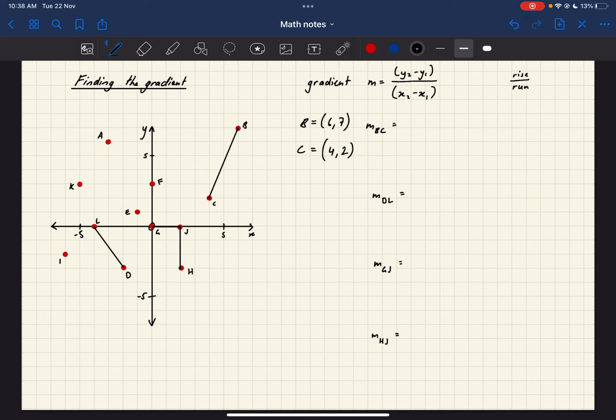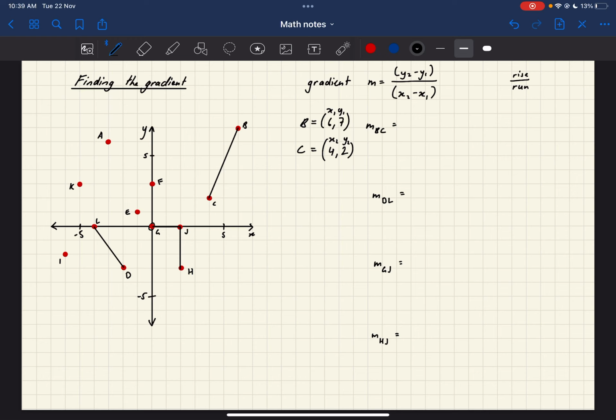Once we've found the coordinates of both of those points, then we want to label those points because we're going to be substituting them into this formula. Now these are the x and y coordinates for each of our points. So our first point is going to be x1, y1, and our second point is going to be x2, y2. And then we put that into the formula.